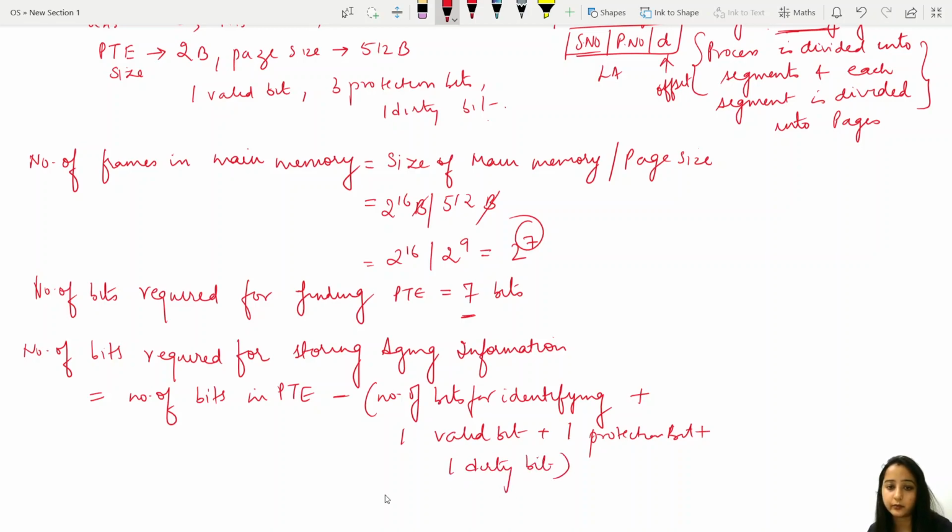This we have to add here. So how many bits are in the page table entry?